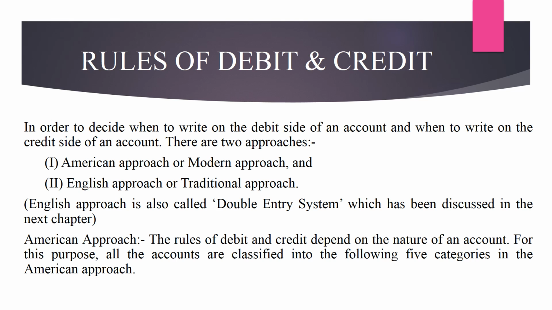The rules of debit and credit depend on the nature of an account. So for this purpose, all the accounts are classified into the following 5 categories in the American approach.